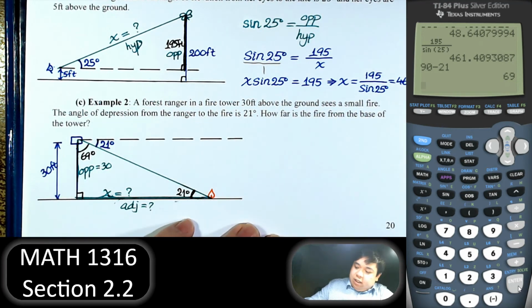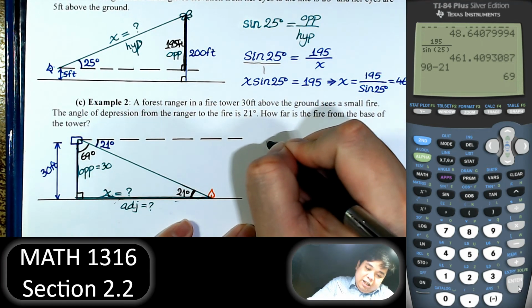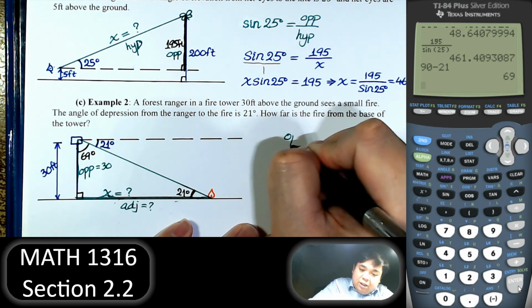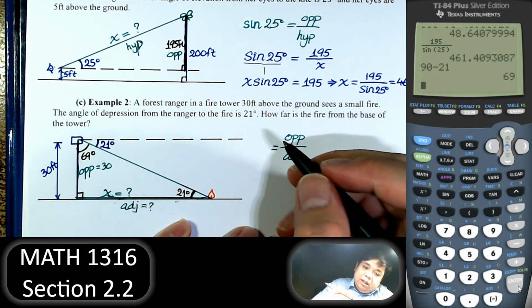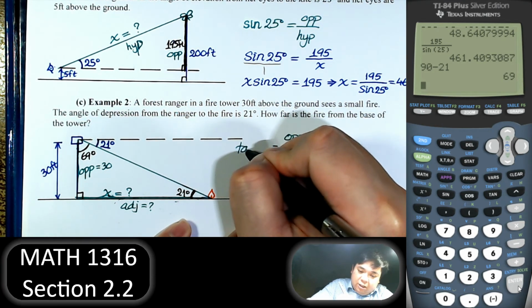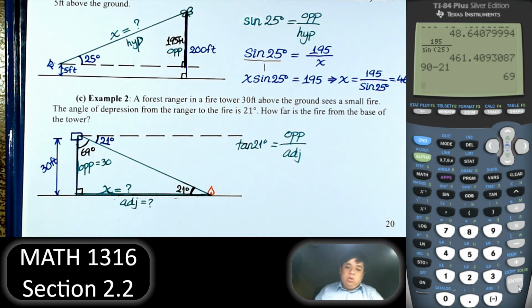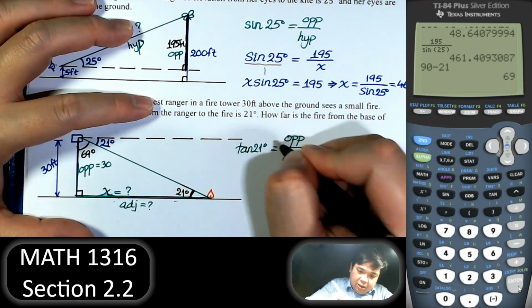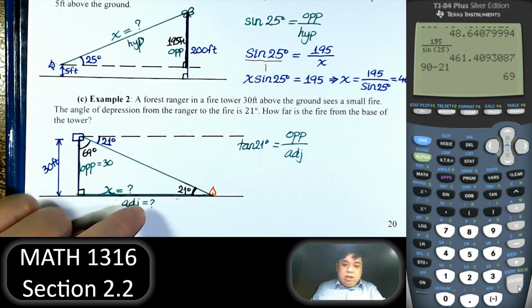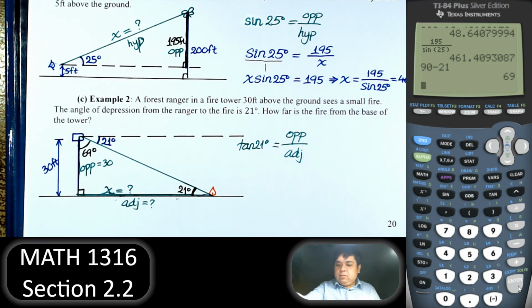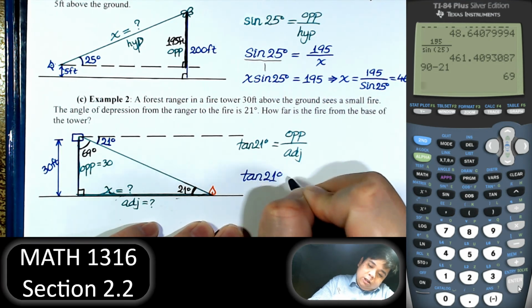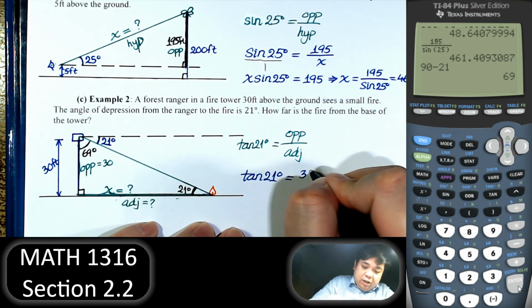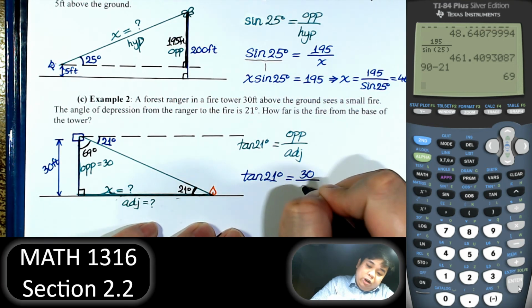So the ratio that is opposite over adjacent is tangent. So tangent 21 degrees is opposite over adjacent. We have tangent of 21 degrees, opposite we know is 30, adjacent we don't know.